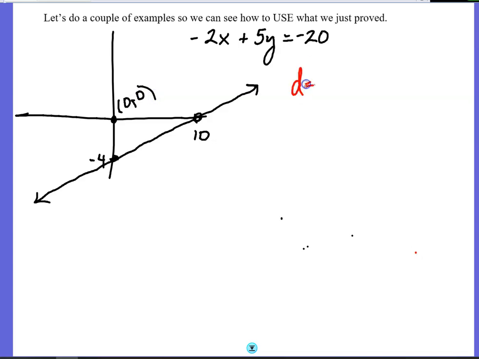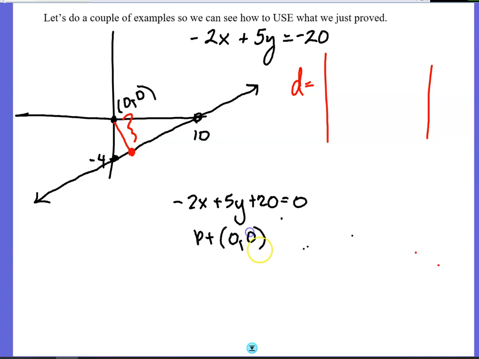So once again, that distance from the point to the line, I'd front load my line. You can front load it on either side, so it doesn't matter if you take it to this side or that side. I'll go ahead and just bring everybody to the left because I'm comfortable with that. I do that mostly, and I'm going to use the point 0, 0.